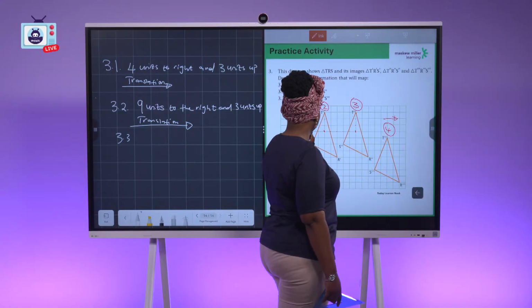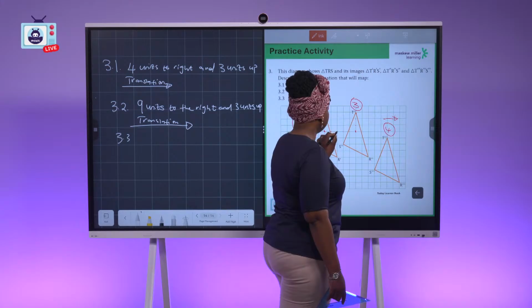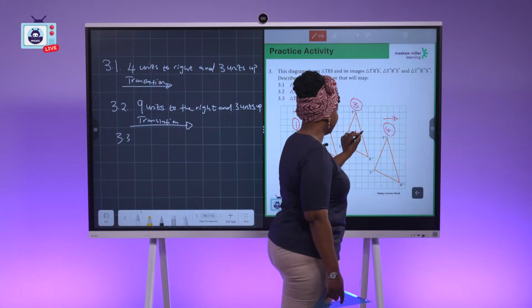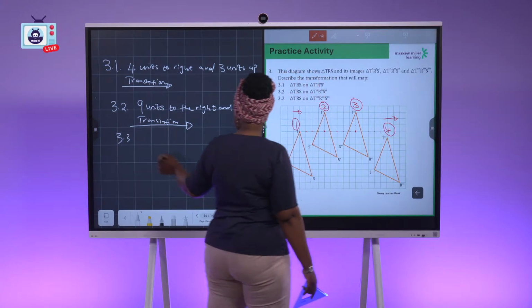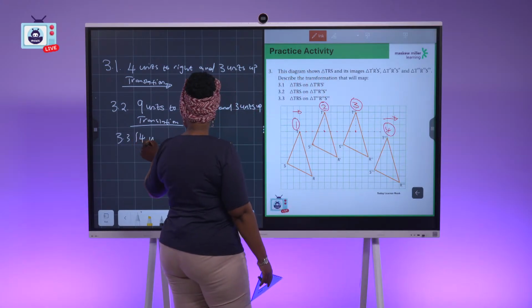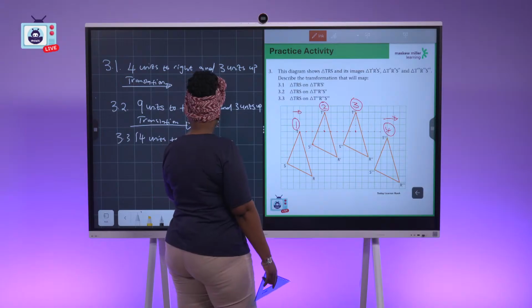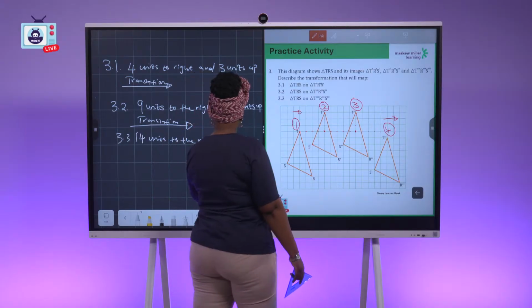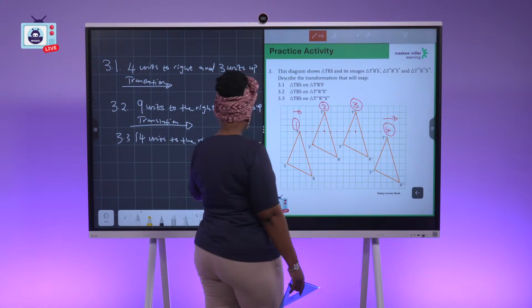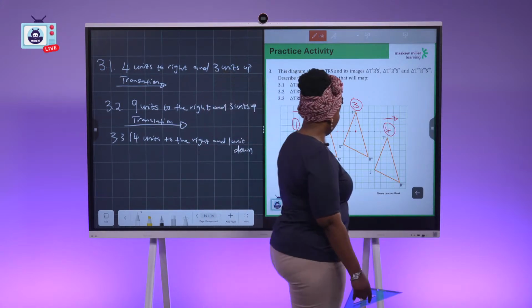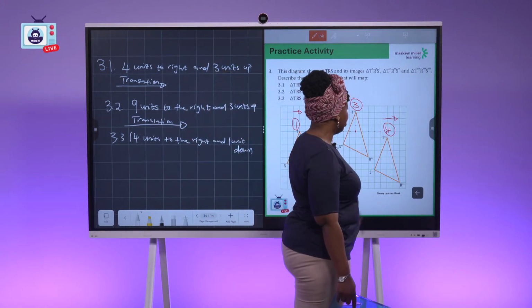We have 1, 2, 3, 4, 5, 6, 7, 8, 9, 10, 11, 12, 13, 14. So this one had moved 14 units to the right and 1 unit down.